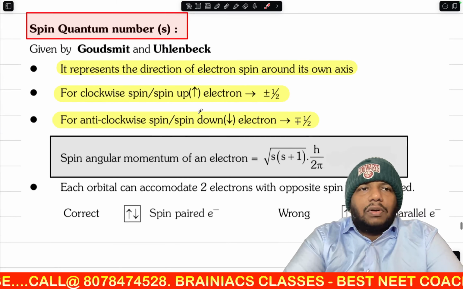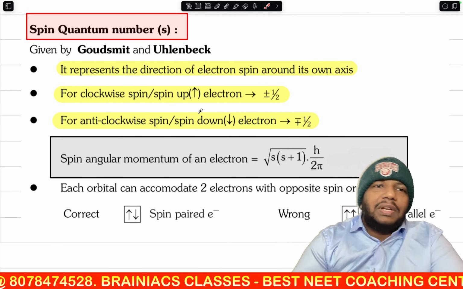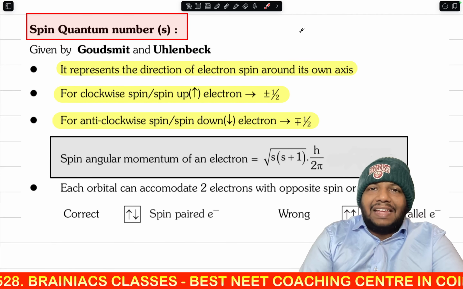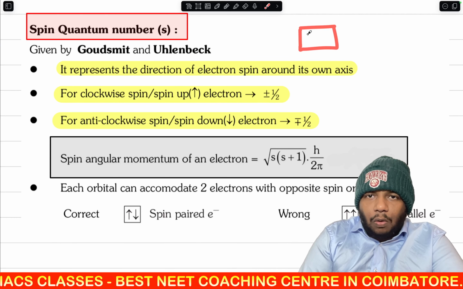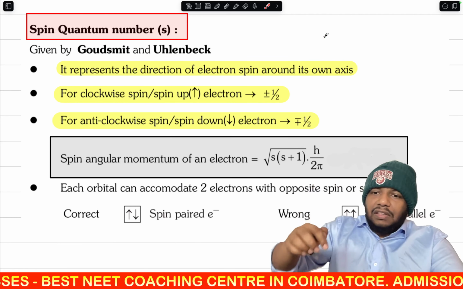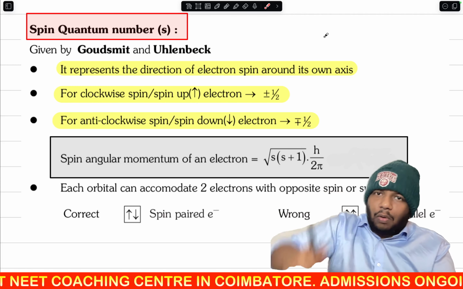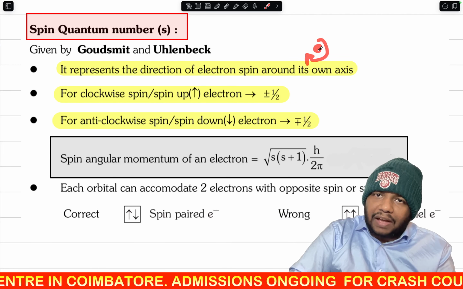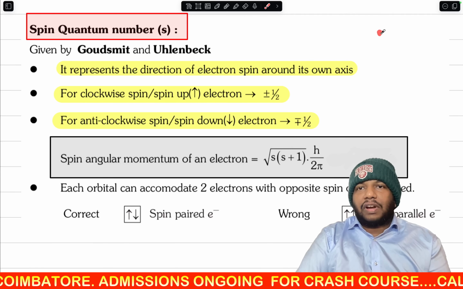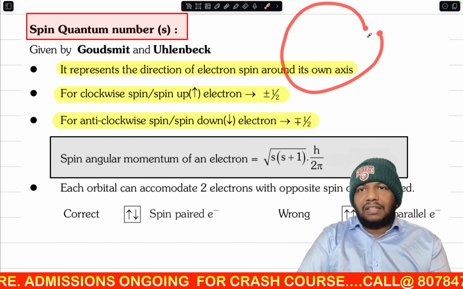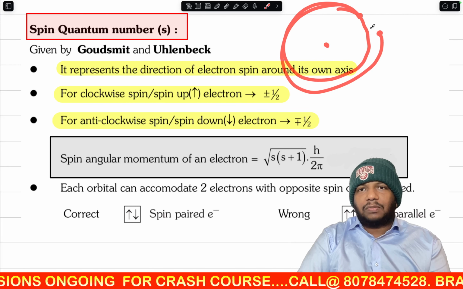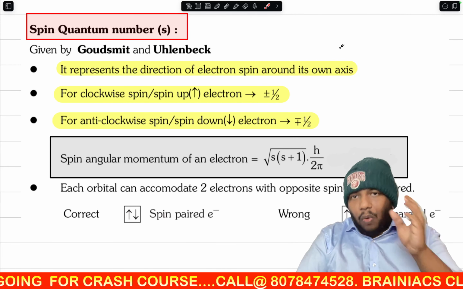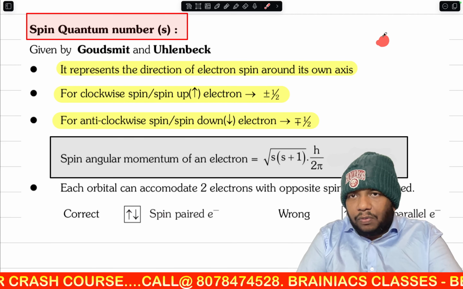Now the last quantum number, the spin quantum number, says that when the electron is present in the orbital, it is also revolving around its own axis. Suppose this is a ball revolving around its own axis, and it is also revolving around the nucleus like this. While it is revolving around the nucleus, it is also spinning on its own axis.